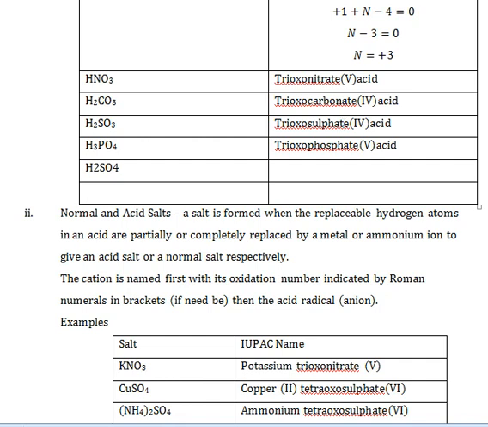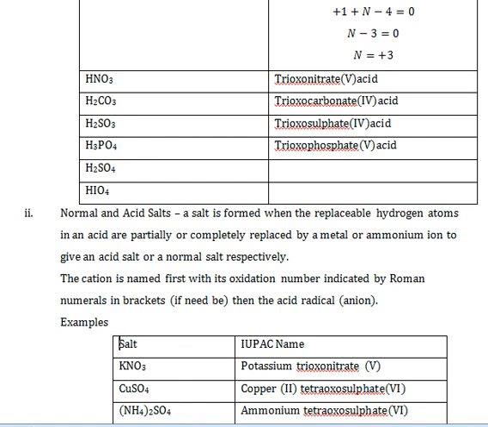You also have HIO4. The I there is representing iodine. So just try and find names for them as you go on with the class. That will help you to know if you have actually cracked the naming of oxo acids.